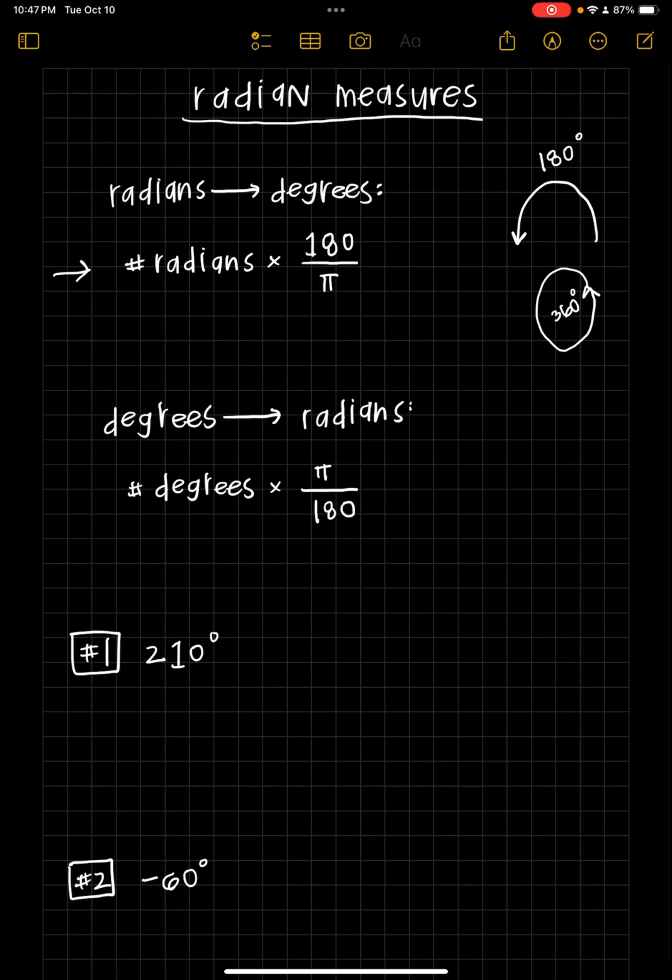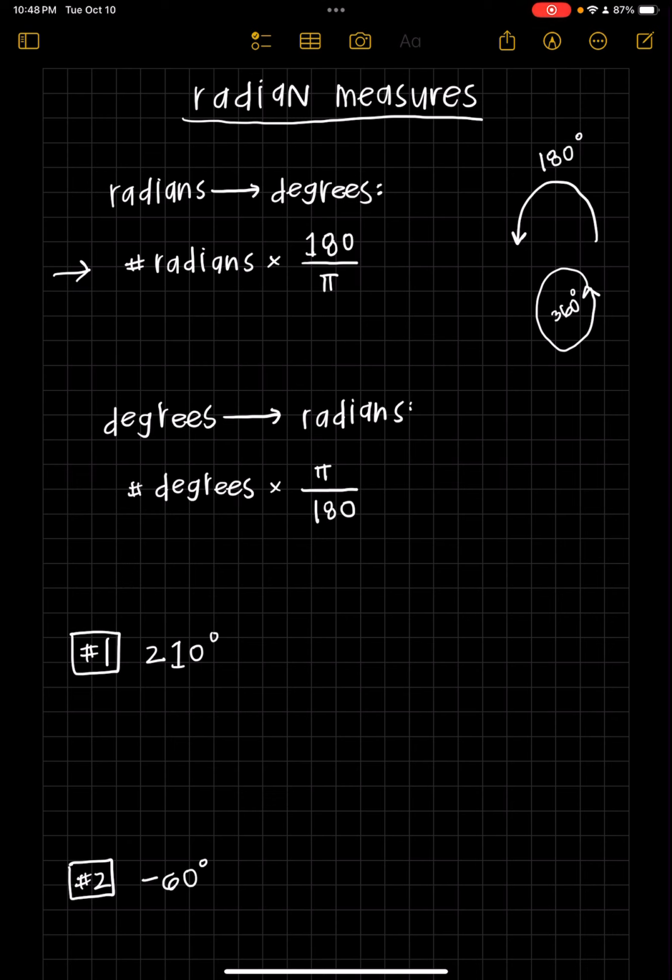Now, we use 180 and pi because 180 degrees is the same amount as pi radians. And so when we convert between radians and degrees, we want the radians part, or the pi part, on the bottom, because what will happen is it'll cancel out. And I can show you that in an example.